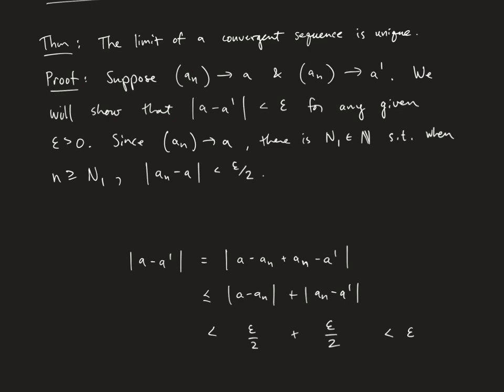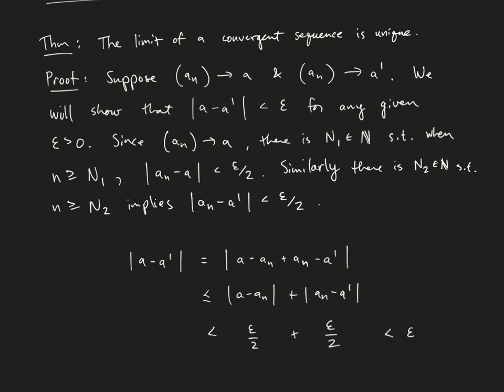And then just the same sentence basically for the convergence of an to a prime. So similarly, there is n2 in the natural numbers such that n bigger than or equal to n2 implies that the distance between an and a prime is less than epsilon over 2.